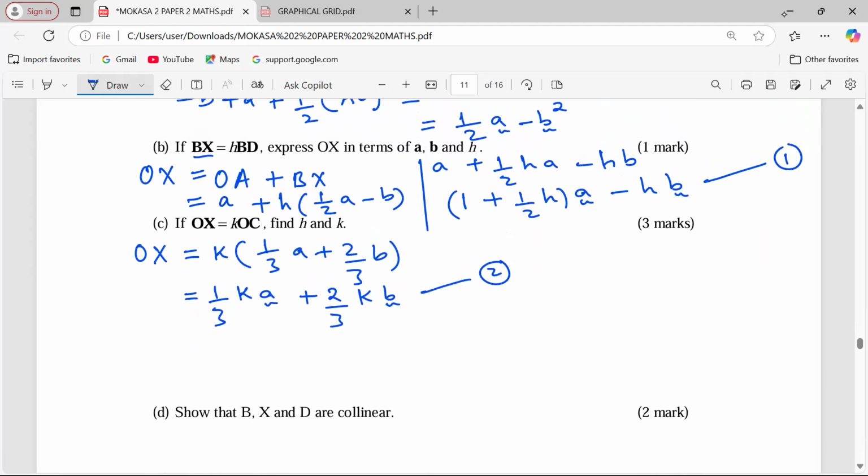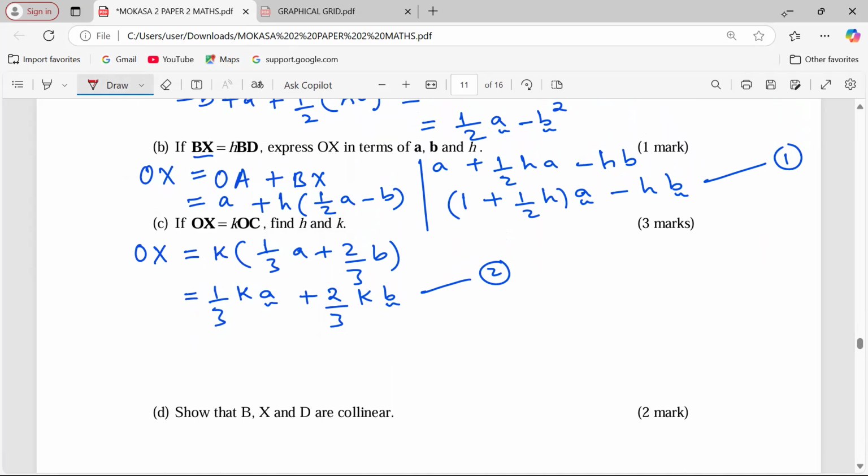Now, with two expressions of the same vector, we can find H and K. We can do it very conveniently now by equating the coefficients of each vector from the two different expressions.